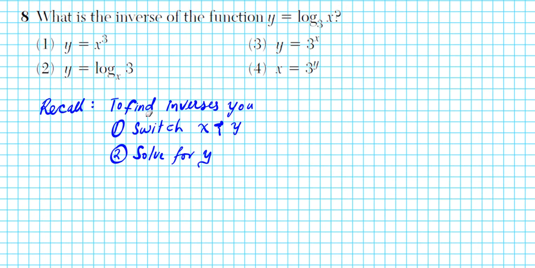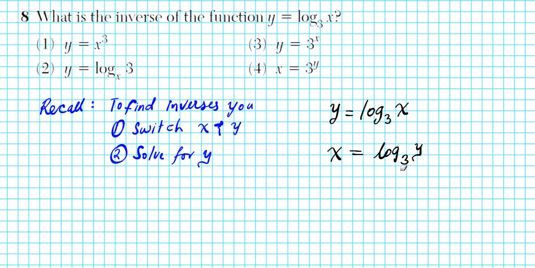Alright? So let's go ahead and apply this procedure here. We have y equals log base 3 of x. Now we're going to switch our x and y's. Okay? So this y becomes an x, and we have log base 3, and this x becomes a y.